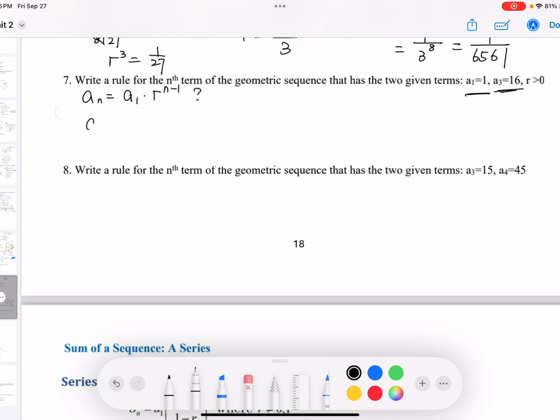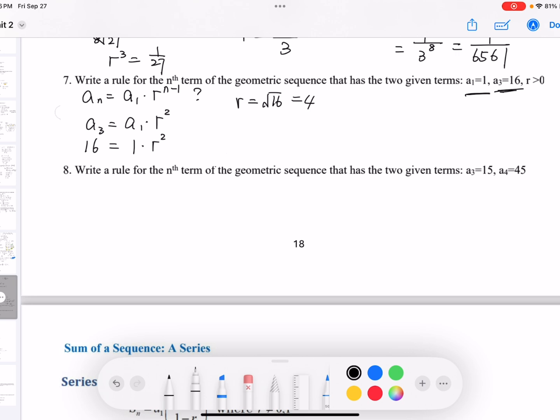A sub 3 is equal to a sub 1 times r squared. A sub 3 is 16, a sub 1 is 1, r squared. So we can take the square root of both sides. And also r is positive. r is equal to the square root of 16, which is 4.